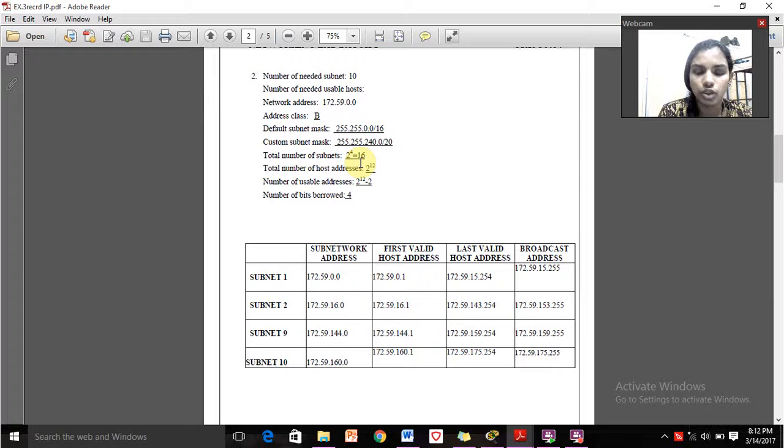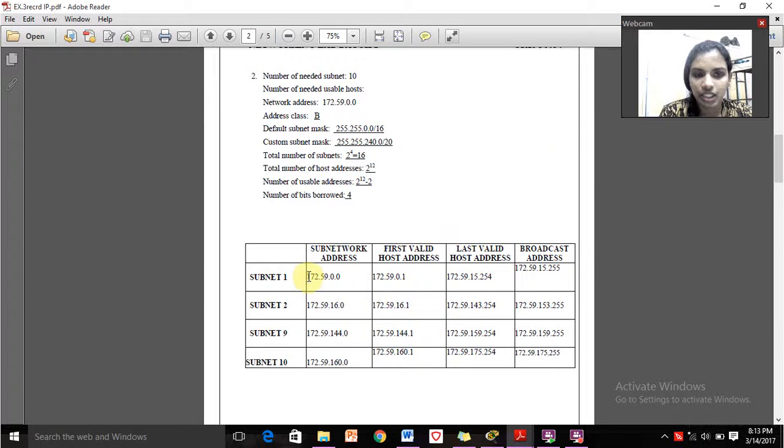The total number of host bits is one of 8 bits and the other of 4 bits, so a total of 12. So the total number of host addresses will be 2 power 12, and the usable addresses will be 2 power 12 minus 2. One will be for the network address, and the other will go for the broadcast address.